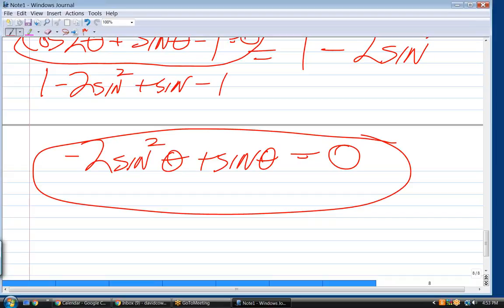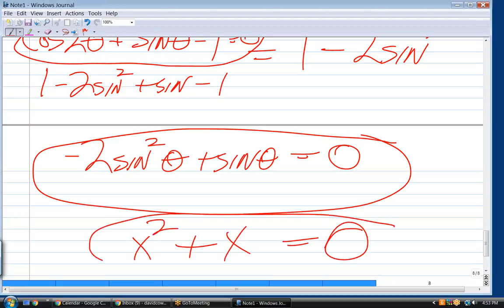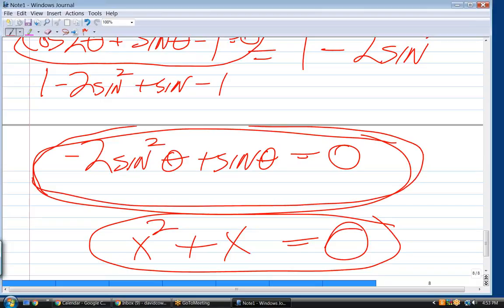Never forget that just because it looks like a trig function, if it looks like a quadratic, it probably is. There's no difference between that and x squared plus x equals 0. That's a polynomial quadratic. This is called a quadratic in sine theta.